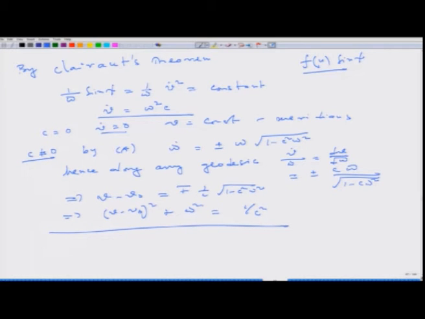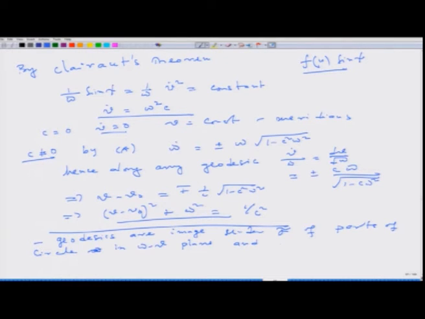So, this looks like a circle in the VW coordinates, but if I look at it on the surface, geodesics are images under sigma tilde of parts of circles in the WV plane lying in the region w greater than 1.